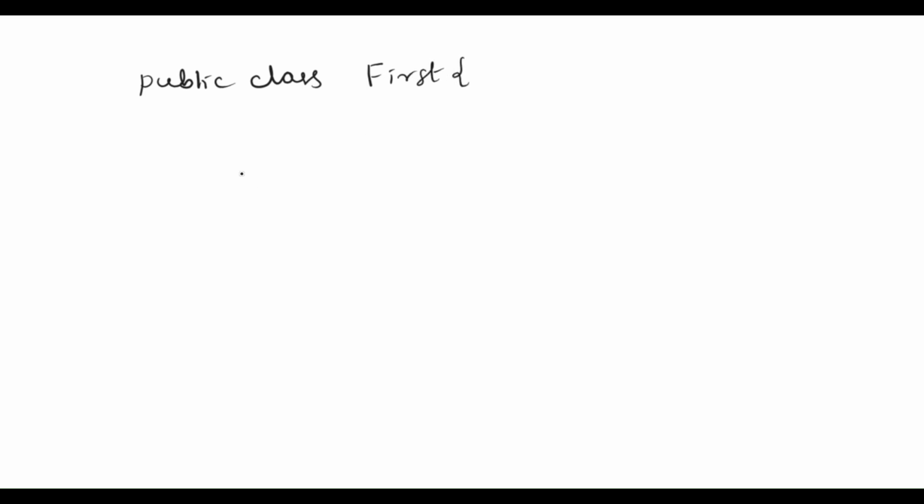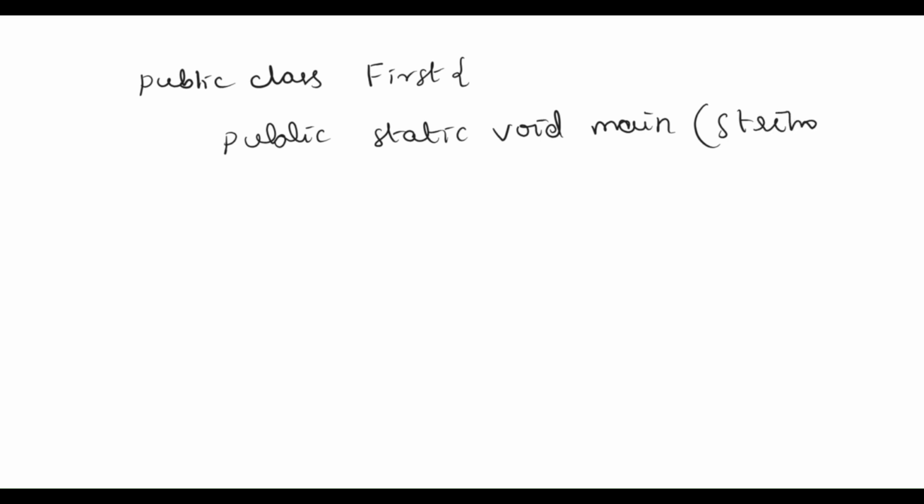Then we write the main method, with the String array of arguments. Here I write System.out.print and I'm going to print 18.